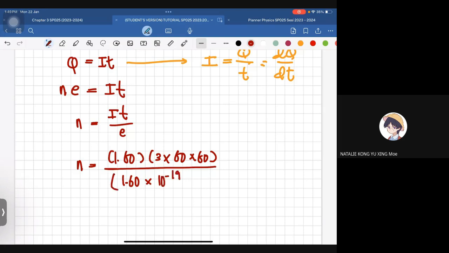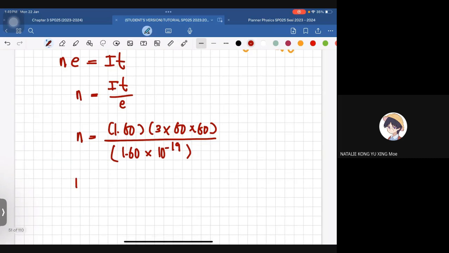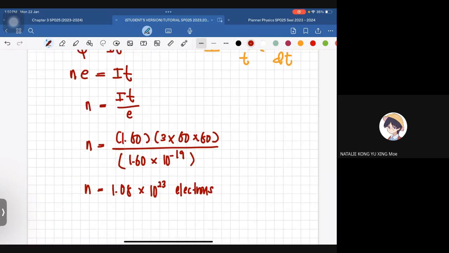Tapi yang ini, 1.6 times 10 to the power of negative 19. So from here, we can then get the number of charge particles, which is equal to 1.08 times 10 to the power of 23 electrons. Okay? Boleh kah? Senang kah susah?